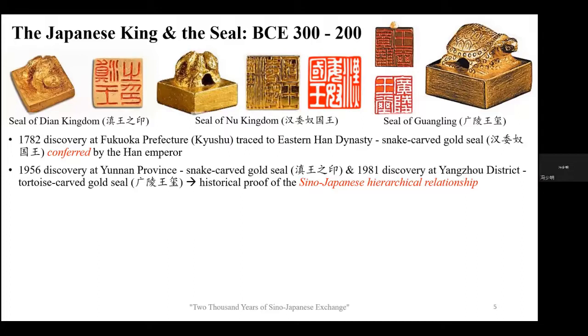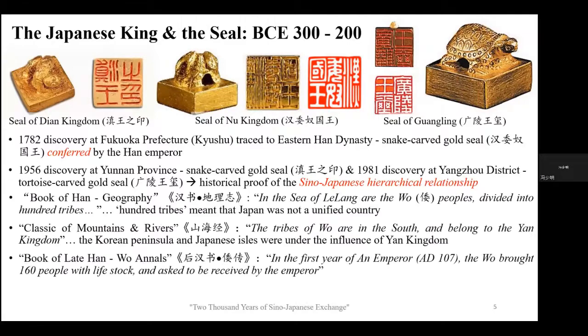This hierarchical relationship stems from a superior and an inferior relationship between China and Japan. And we trace the historical texts, whether it is the Hanshu or the Shanghai Jing. We saw that Japan was not a unified country at the start, and there are a lot of influences from the Chinese mainland.